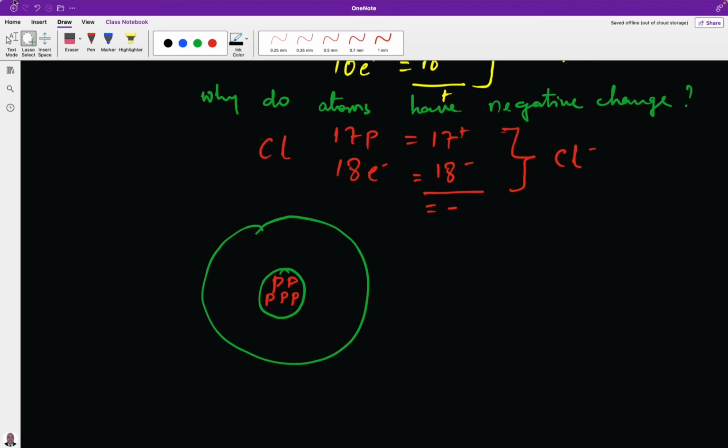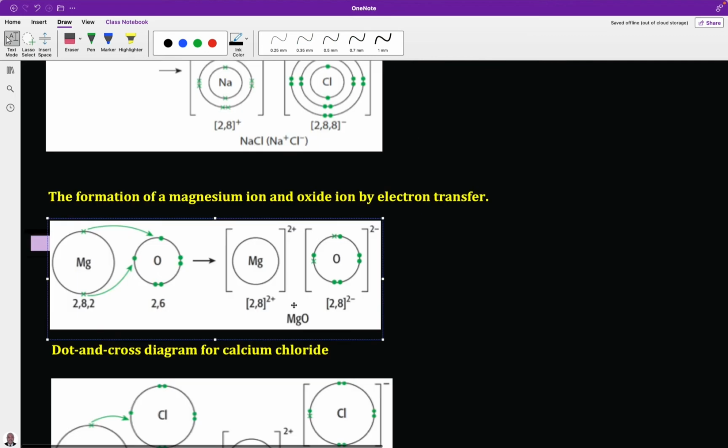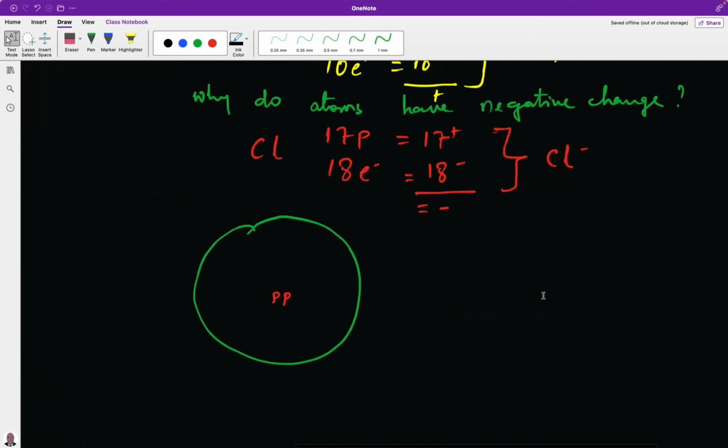That's why the nucleus is positively charged: it is full of protons, and the neutrons have no charge.